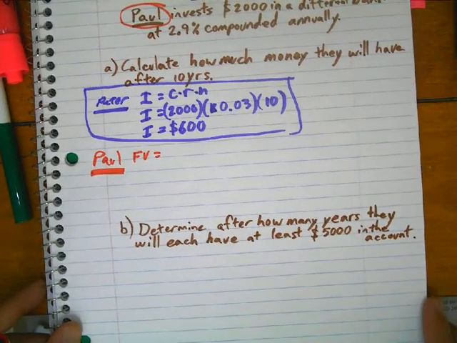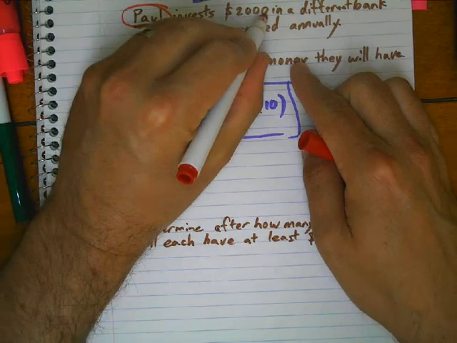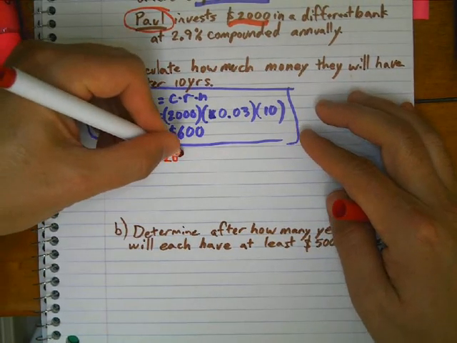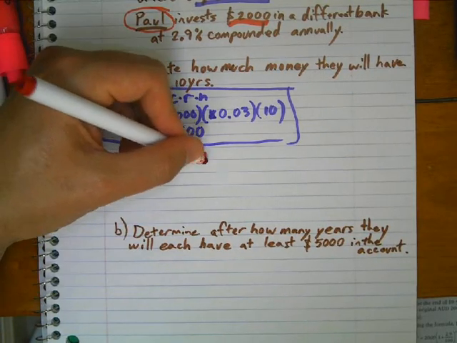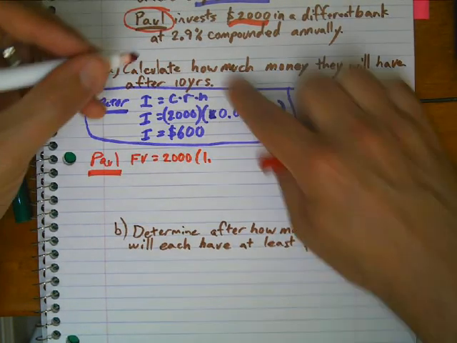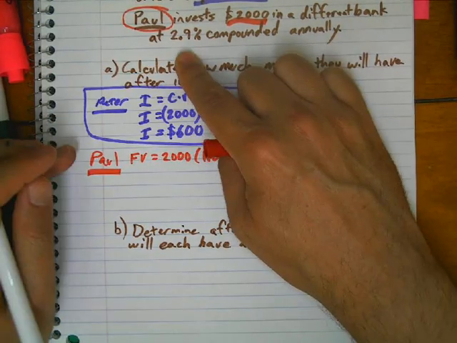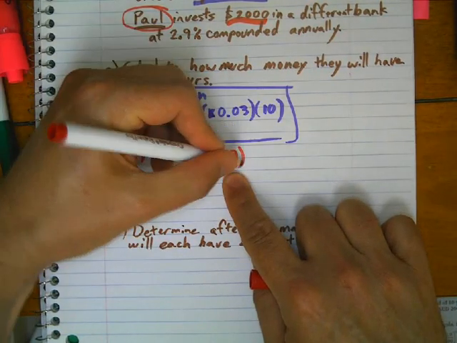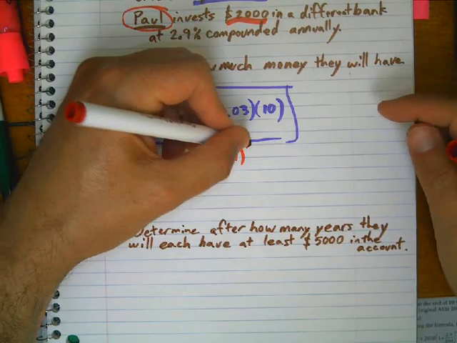So the future value is equal to, we're investing $2,000 times 1.029. Think about moving that decimal place 2 over, and then we get there. And this is to the power of n, which is to the power of 10.